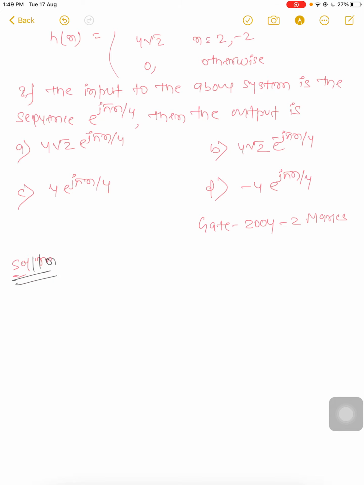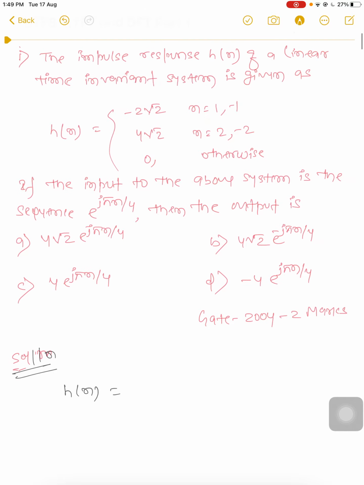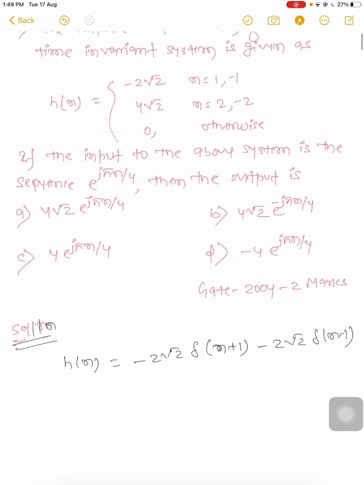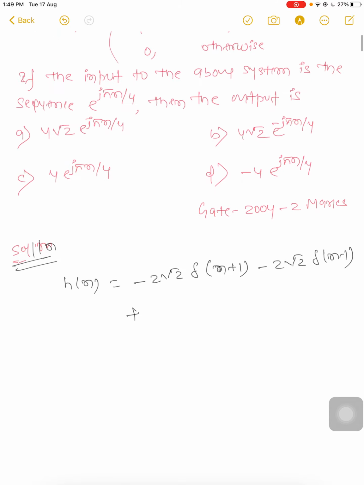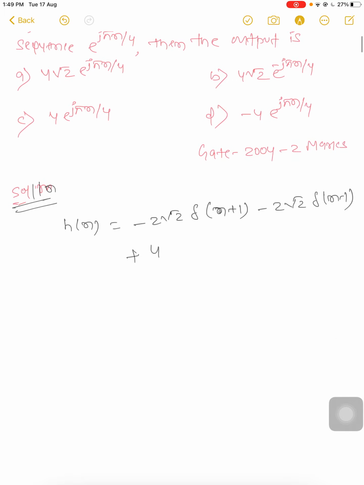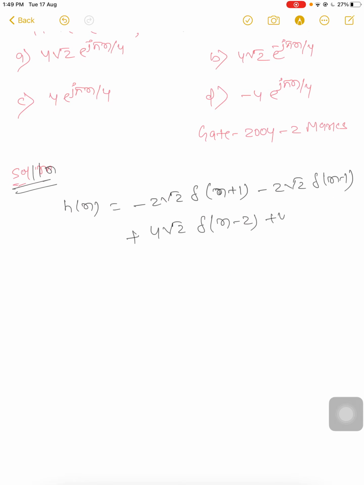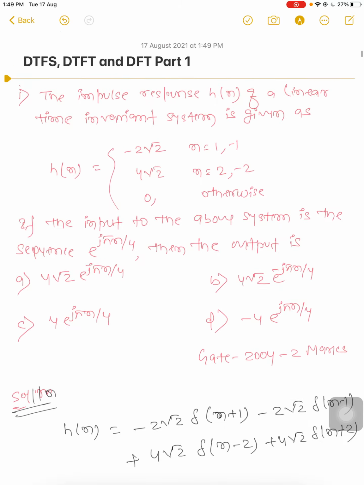Now the solution. h[n] is defined as minus 2 root 2 at n equal to minus 1, and we can write it as minus 2 root 2 delta[n plus 1], minus 2 root 2 delta[n minus 1], plus 4 root 2 delta[n minus 2] at point 2, and plus 4 root 2 delta[n plus 2] at minus 2.